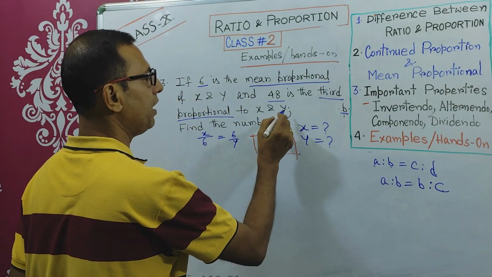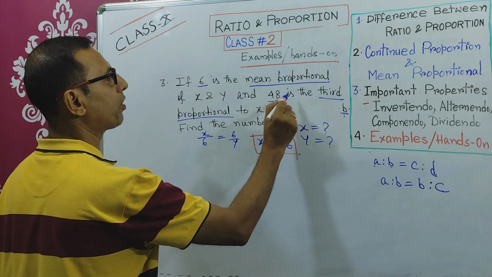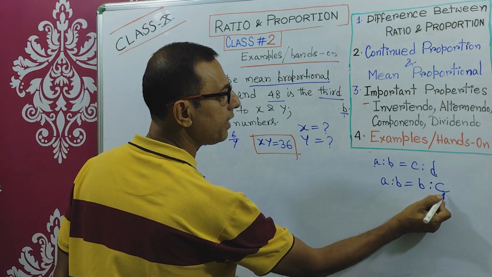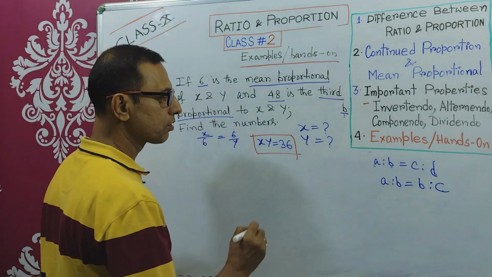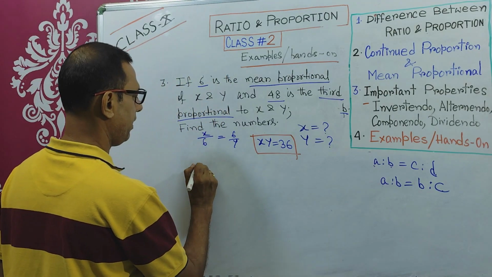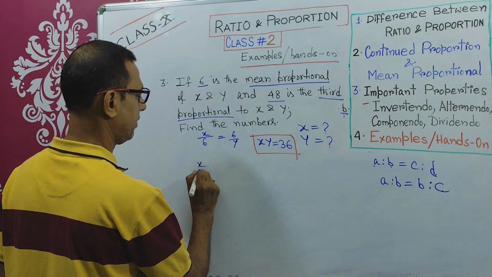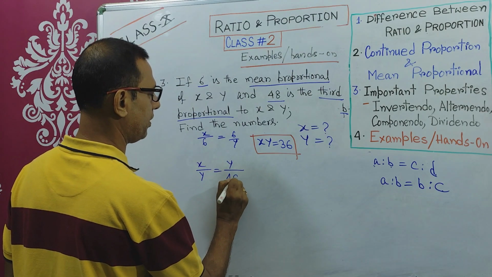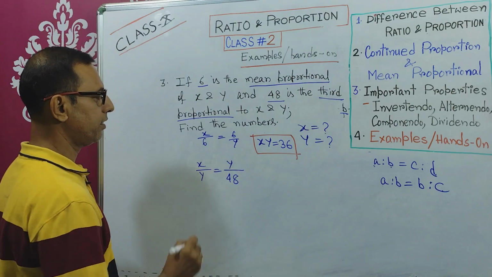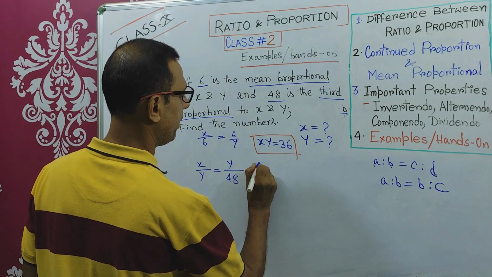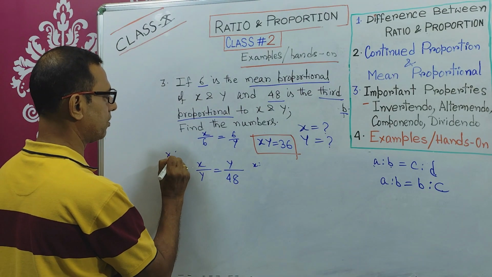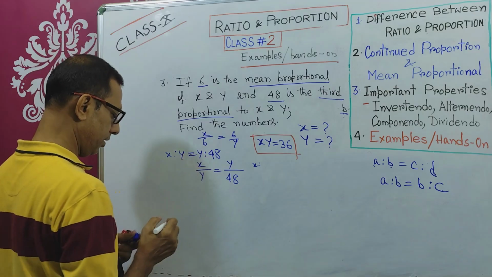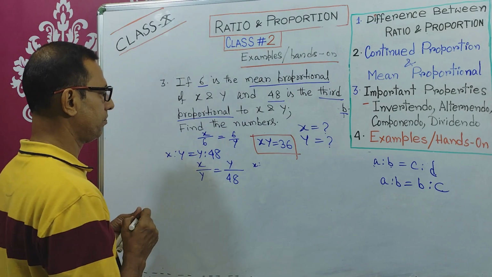So if 48 is the third proportional to x and y, that means c is 48. So x is to y equals y is to 48. This is the condition given.